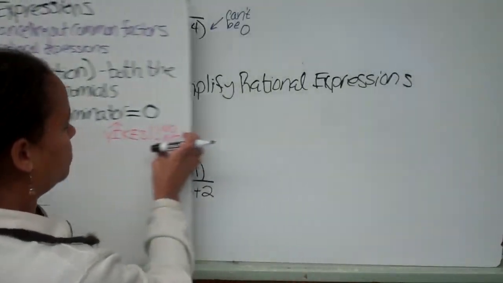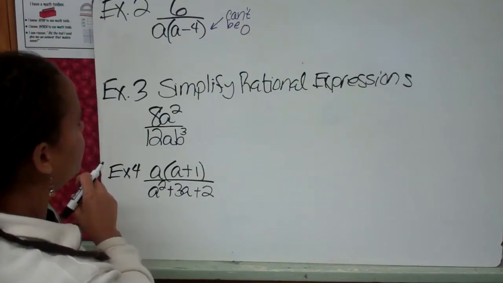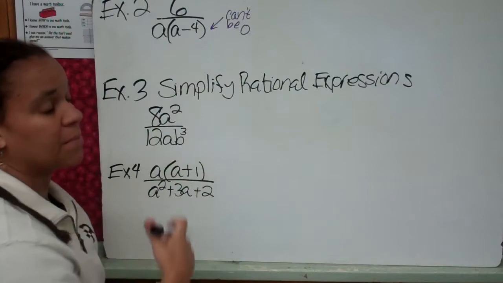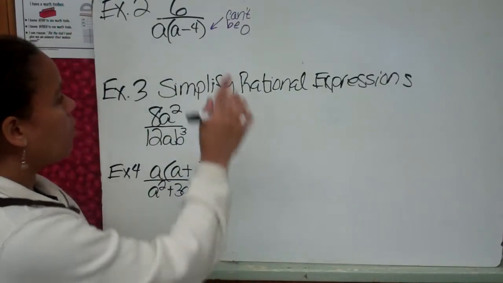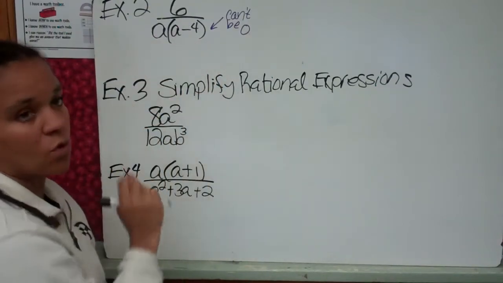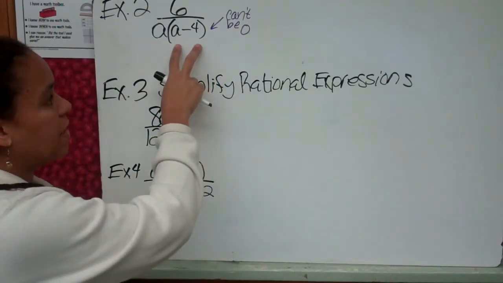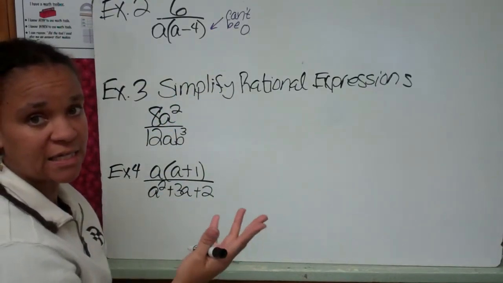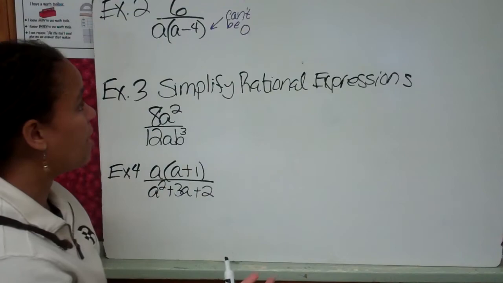All right. So example 2, here we have a rational expression. So the denominator can't be 0. Let's find the excluded value. Well, we have two things here. This can't be 0 because if this were 0, it would knock out the whole parenthesis and make it 0. Or if what was inside the parenthesis were 0, it would knock out the outside and make it be 0, because anything times 0 is 0. It's called the zero product property rule.